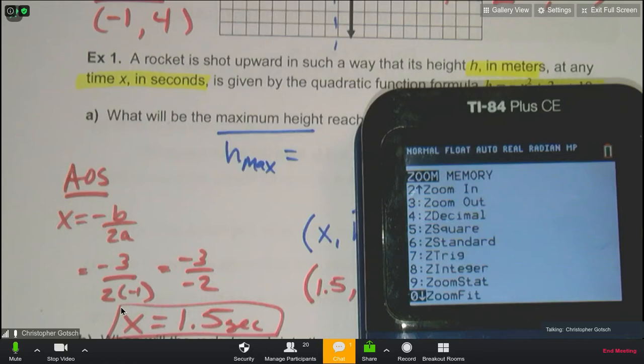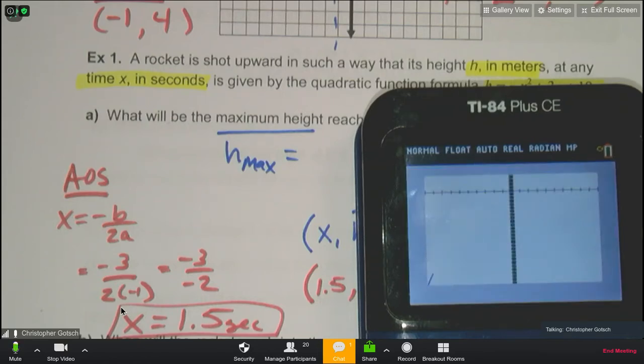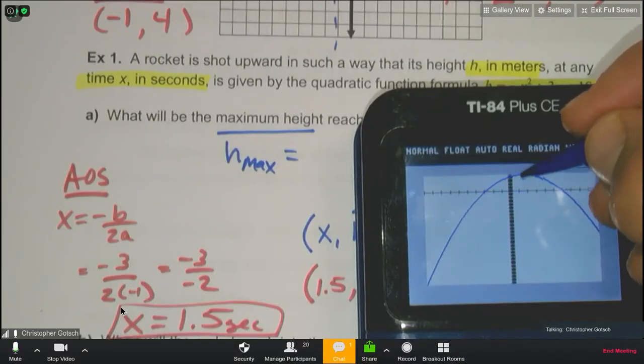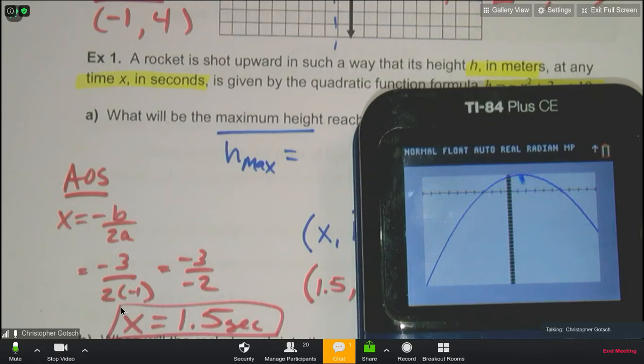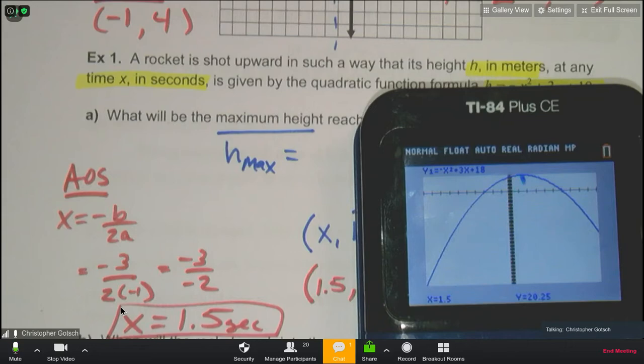Zoom 0 is zoom fit. So if I press zoom 0 or just go down to zoom fit and press enter, now I see a nice pretty parabola, right? So now I can find this point right here by going second trace value 1.5. Okay, and I get 20.25.